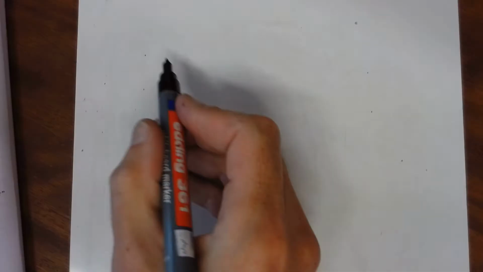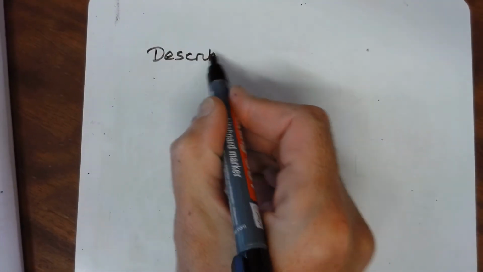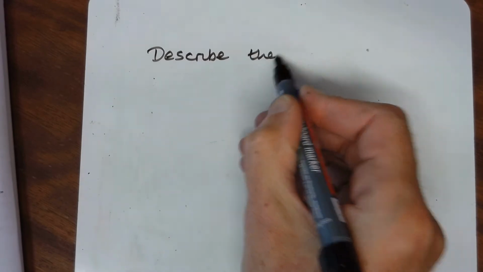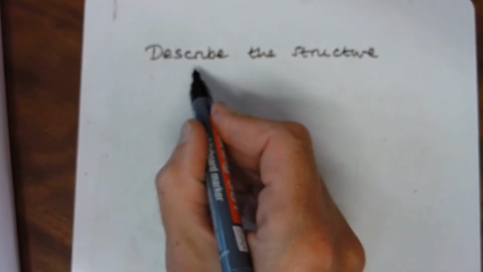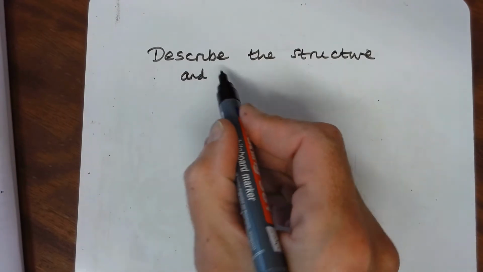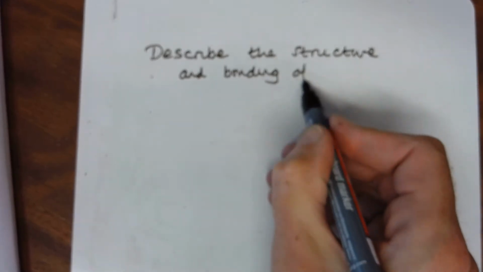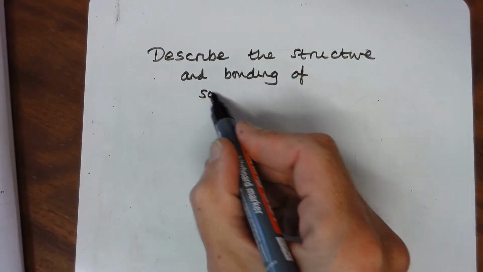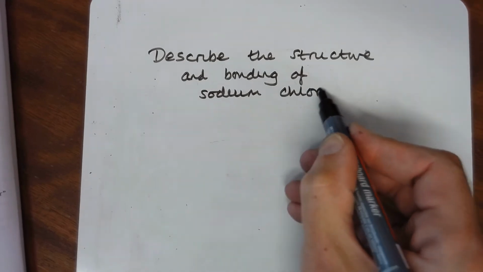If we look at the exam question halfway down, it simply says, for 4 marks, describe the structure and bonding of sodium chloride.